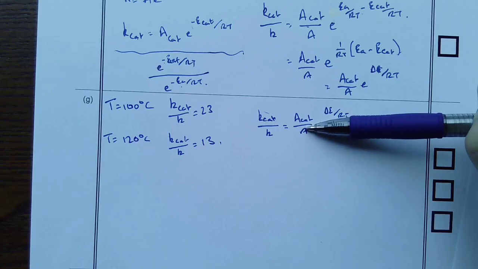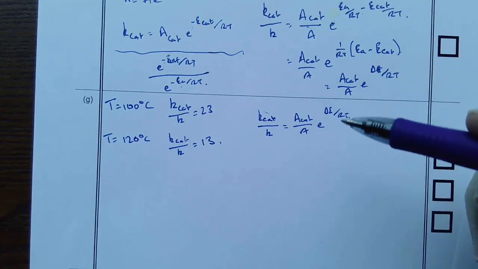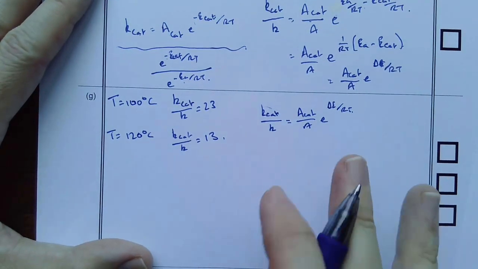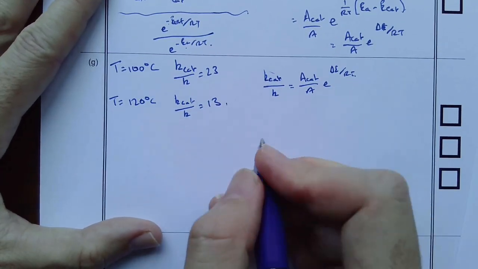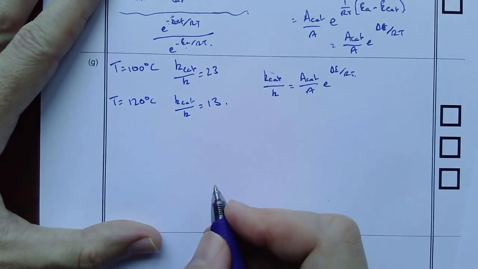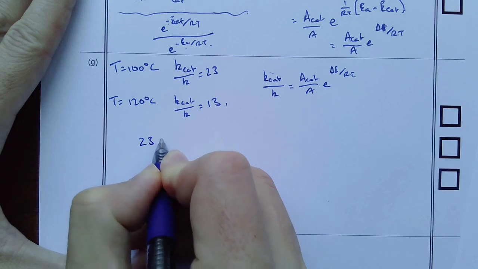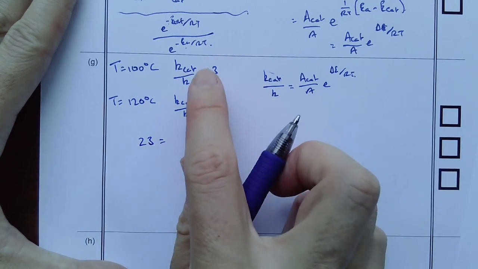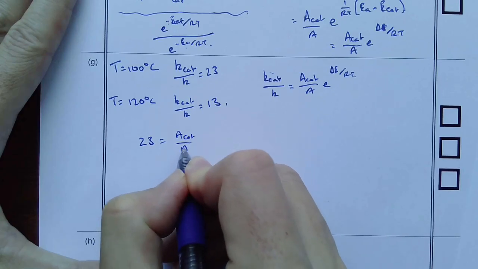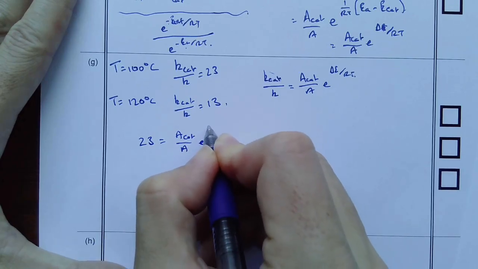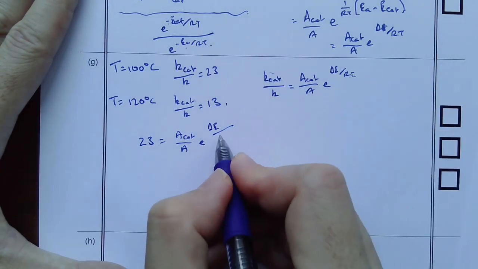So that is going to be our simultaneous equations. At this point, if you like the algebra, just do the algebra. To make it clear to me, I'm going to write out what my two equations are. So I've got 23, which is my k cat over k for this top one, equals A cat over A e to the delta E over, and I'm going to put in my T as well.